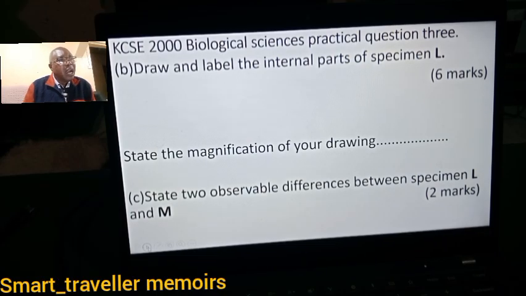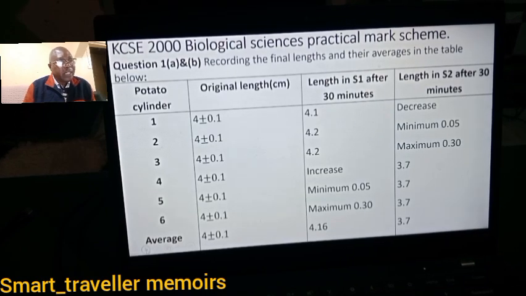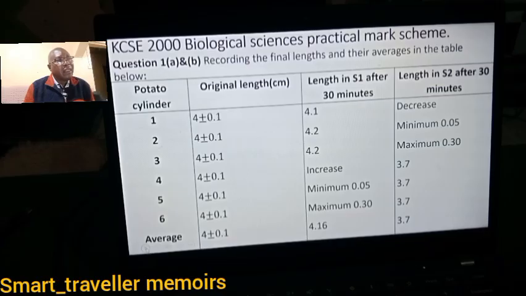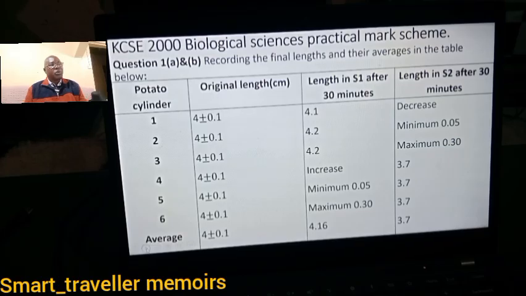For potato cylinder number 1, 2, and 3, 4, 5, and 6, the lengths are 4 plus or minus 0.1. And therefore, the average of the original length is 4 plus or minus 0.1. That means the length can be 3.9 or 4.1.